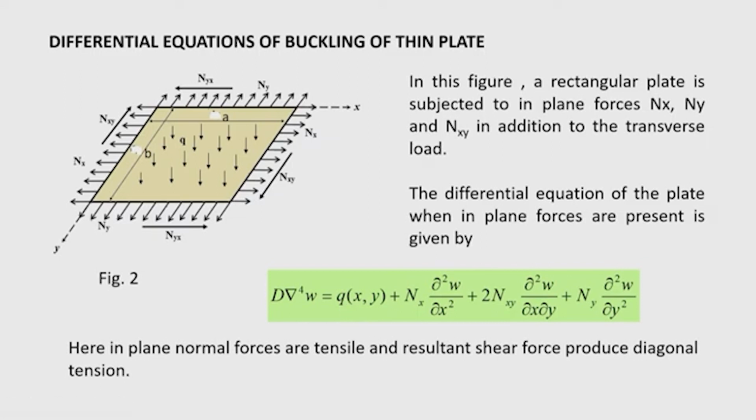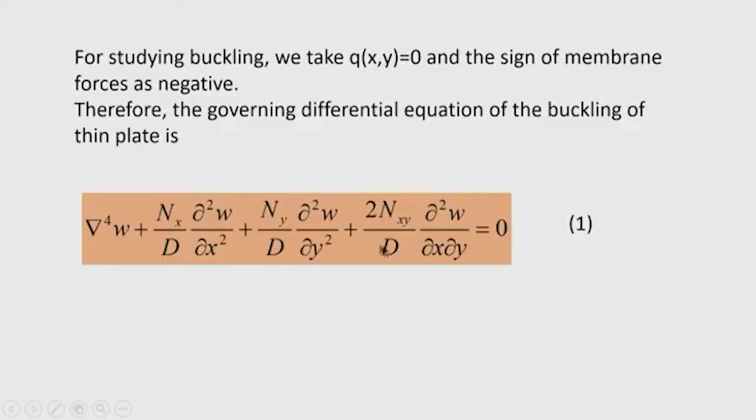Okay. So, now the equation for buckling is obtained by taking q(x,y) equal to 0 in the earlier differential equation, and the sign of the membrane forces are reversed. Previously it was taken positive, now it is taken negative.